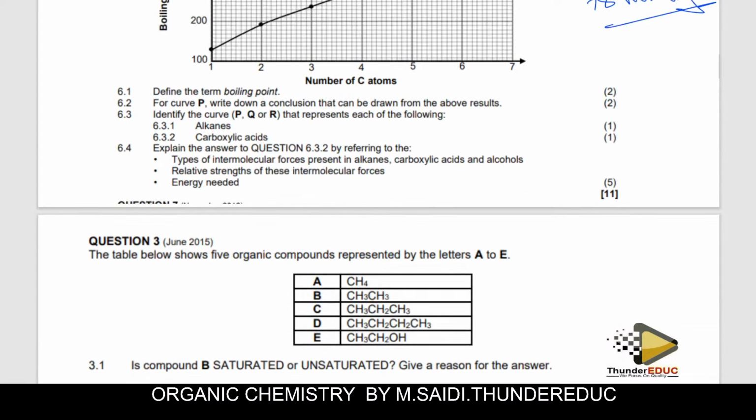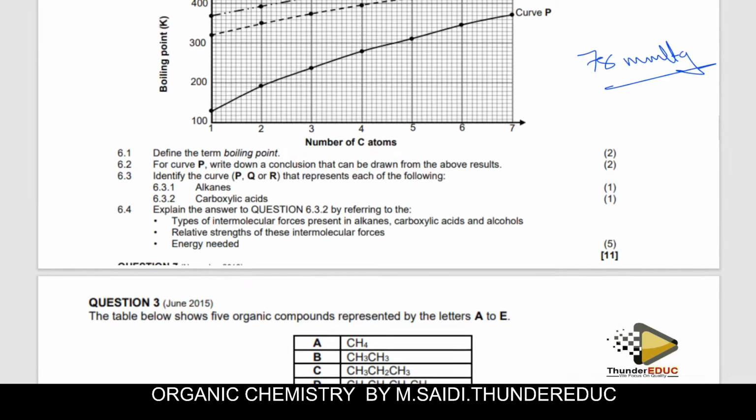Then they're saying the type of intermolecular forces, we are done with that. Explain the answer, referring to the type of intermolecular force of attraction found in alkane, carboxylic acid, and alcohol. We have explained them. Relative strength of the intermolecular forces and the energy needed to break these bonds.